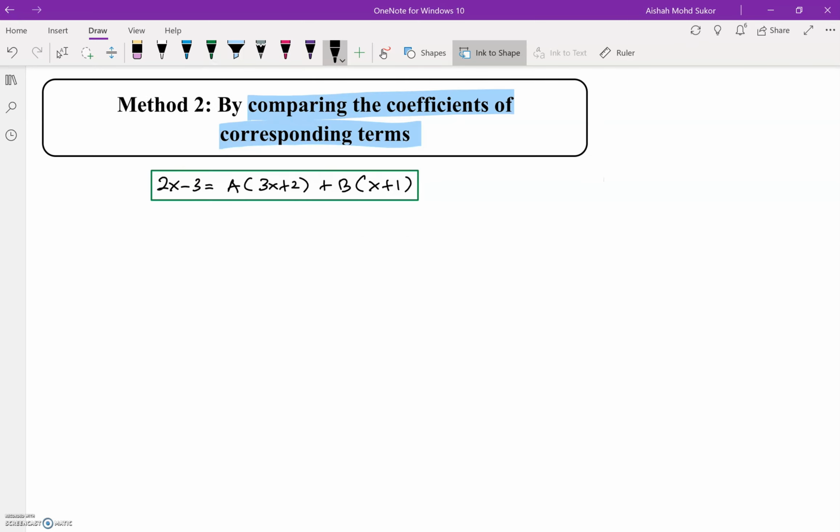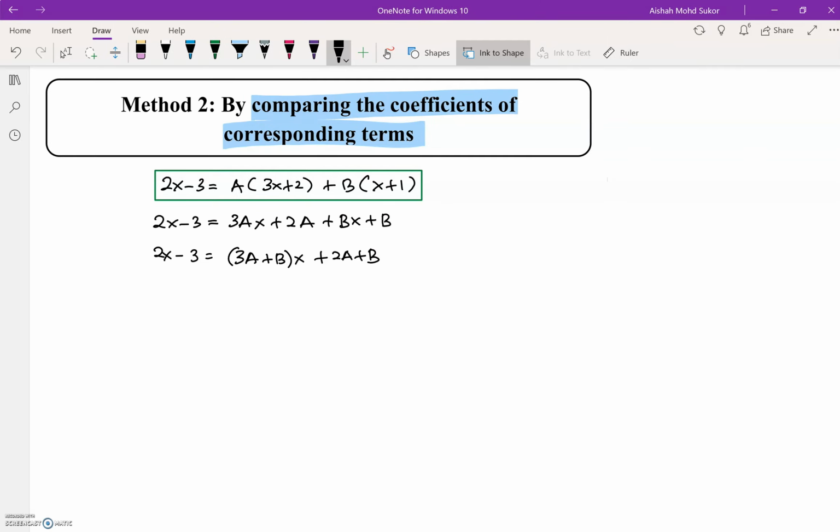Second method. Find the values for A and B by comparing the coefficients of corresponding terms. So first, we need to expand the equation. Now we are going to compare the coefficient of x. The coefficient for x at the left hand side is 2, while the coefficient for x at the right hand side is 3A plus B. So this will be our first equation.